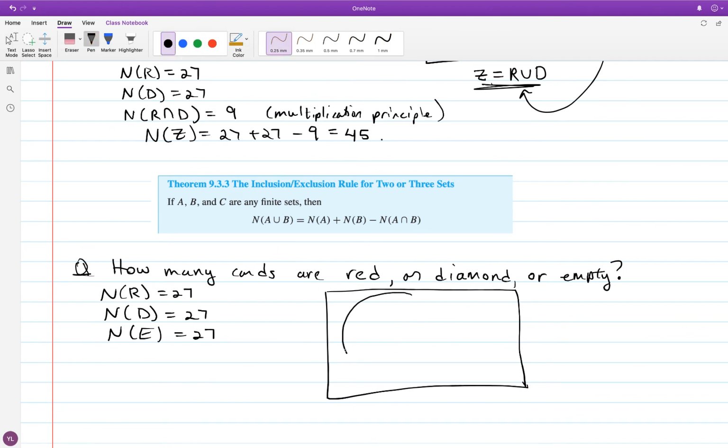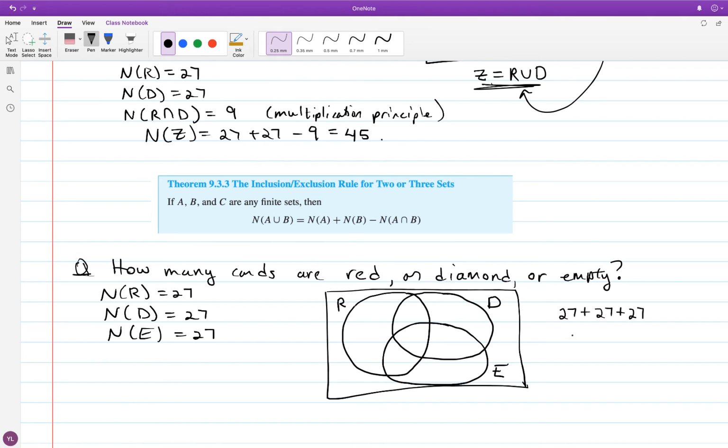I've got 3 overlapping sets. I've got R, the red cards, D, the diamond cards, and E, the empty shaded cards. And I've got cards in each of these possible segments of the Venn diagram, right? And so if I just take the 27 plus 27 plus 27, let me show you which cards I am overcounting and how much I am overcounting them.